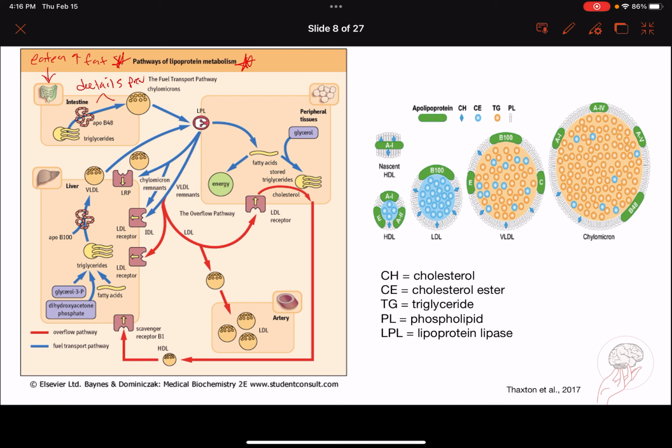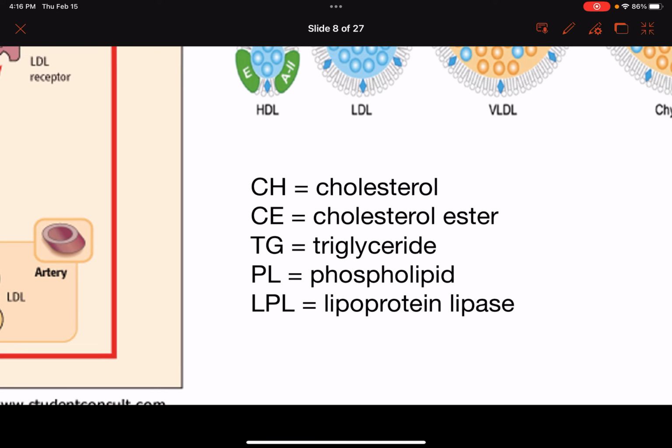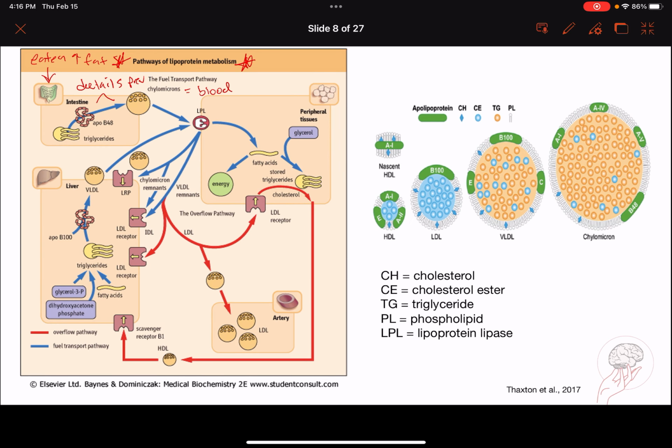And these chylomicrons are in circulation, so these are in the blood. And chylomicrons can go a couple of different places. They can go from the intestines to a peripheral tissue.